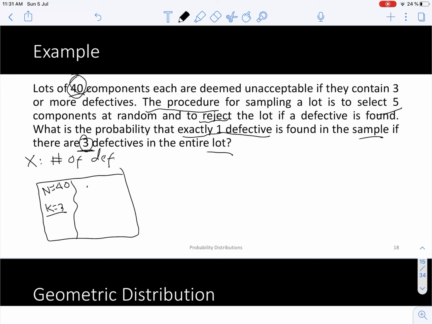And of course, the remaining N minus k, that means 37, are not defective. Then we know that in the problem, a sample of 5, so this is the lowercase n, is selected, and the question here is asking how many defectives are in the sample.